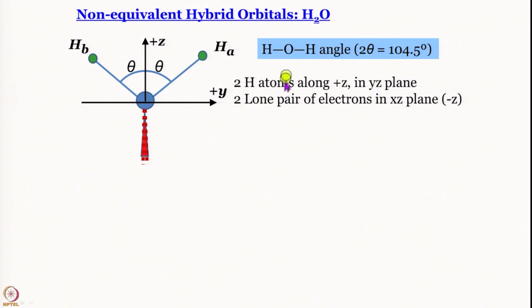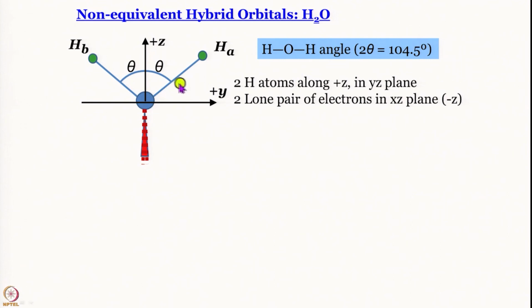What we see is that for water the bond angle is even less than 109.5 degrees. So, the p contribution in these orbitals must be a little more than 75%. The p contribution in the orbitals used to accommodate lone pairs has to be a little less. So, this is something that we understand. Now, we will work out the expression for how much p contribution there is.